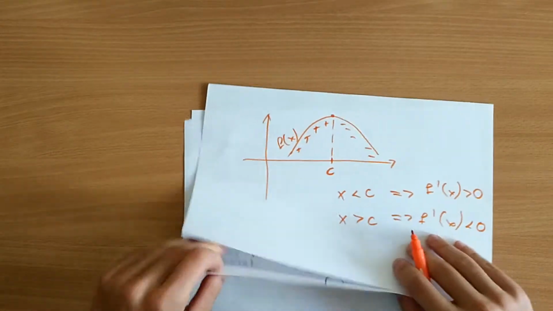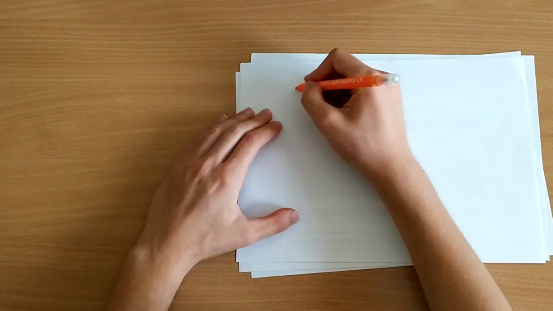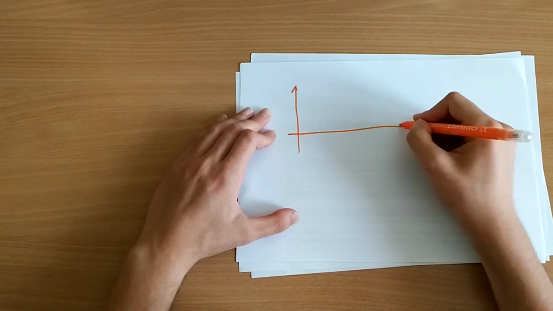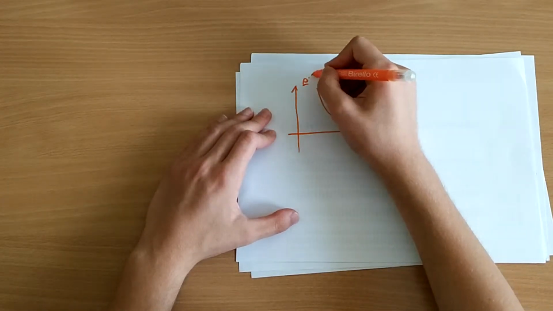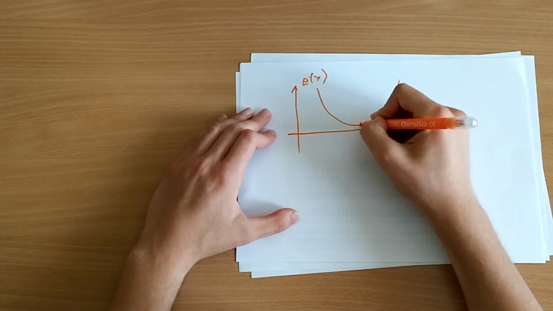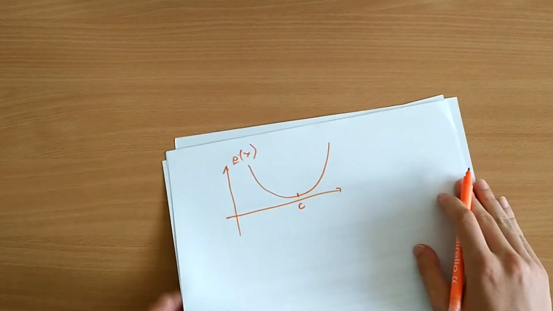Now what about local minimum points? Let's see about that. We have a function something like this, f of x, and this is the point c. What can we say about the derivative of this function?